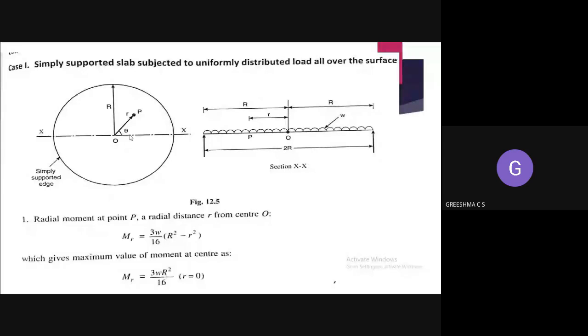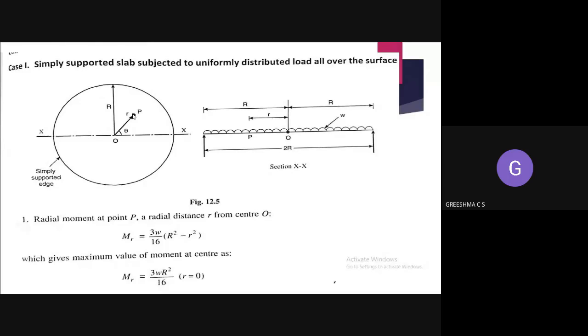Next, here you need to learn an equation by heart. That is the radial moment at the point P at a distance of r from the center O. Since it is a circular slab, you will have radial moment and circumferential moment, unlike a rectangular slab.